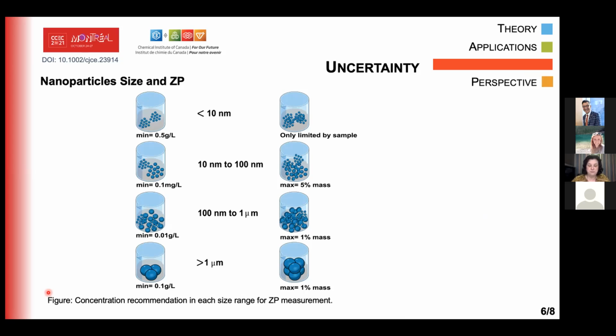If you perform zeta measurements, most of the equipment has the DLS measurement on it, so you can have the size of your sample, and knowing this size range, you'll be able to get the concentration that you will have at minimum and maximum for the measurement.